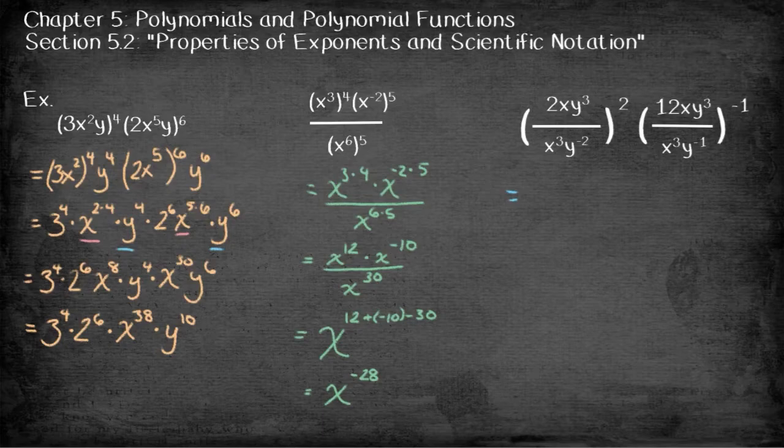So for the first fraction, what I'm going to do is apply this exponent to the numerator and denominator, which is a consequence of the other properties. And then I have a negative 1, but I already have a fraction. So I'm just going to take the reciprocal, save myself some headache.